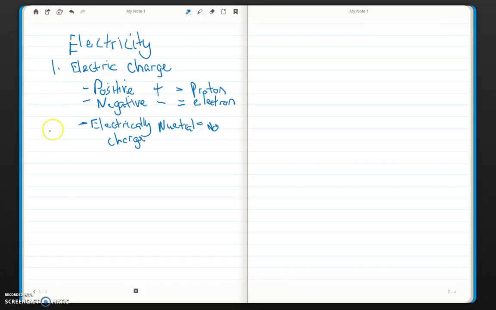Now, with charge, I guess I could title this A. We also have to talk about something you guys are familiar with, static electricity.